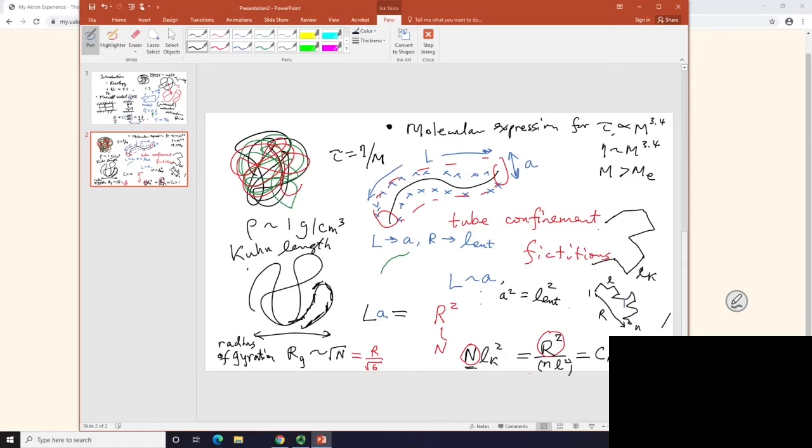At that level, your tube length is the same as tube diameter. So I'm inviting you to think that the chain can get shorter and shorter, and eventually, when it reaches a particular molecular weight, you will no longer have entanglement.